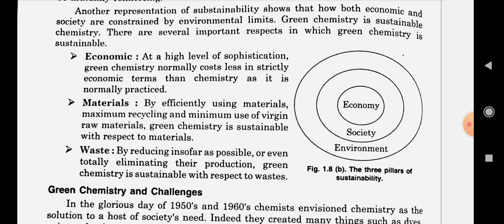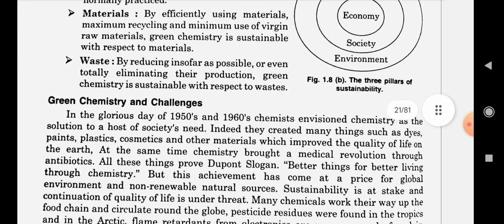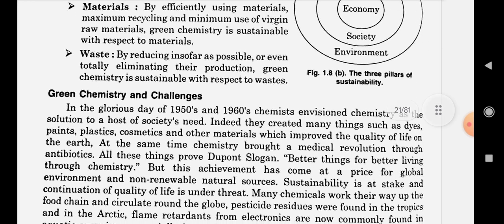Green chemistry is sustainable chemistry. There are several important respects in which green chemistry is sustainable, economic, and at a high level of sophistication. Green chemistry normally costs less in strictly economic terms than chemistry as it is normally practiced, by efficiently using materials, maximum recycling, and the minimum use of virgin raw materials.